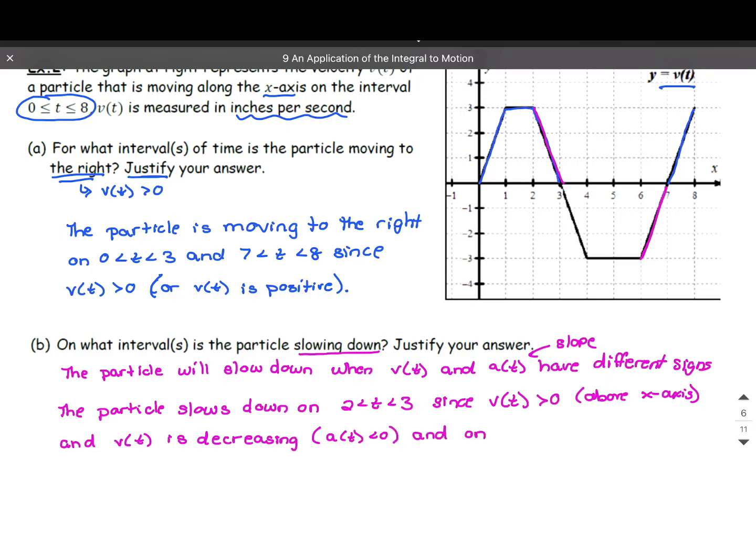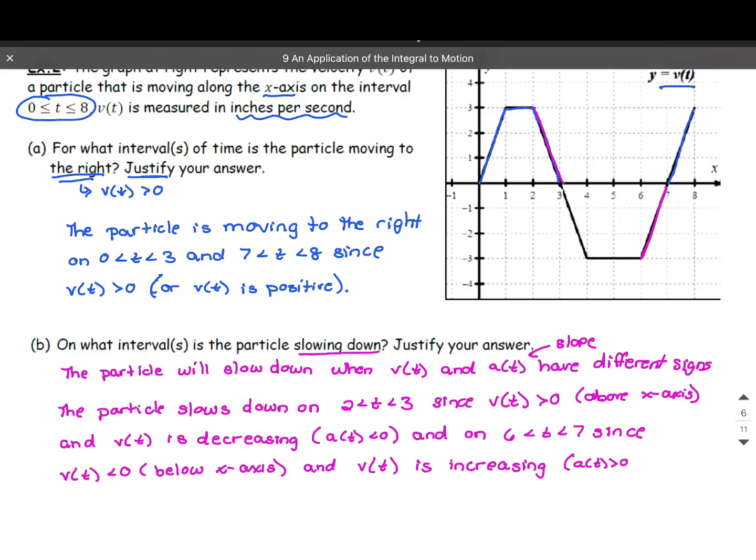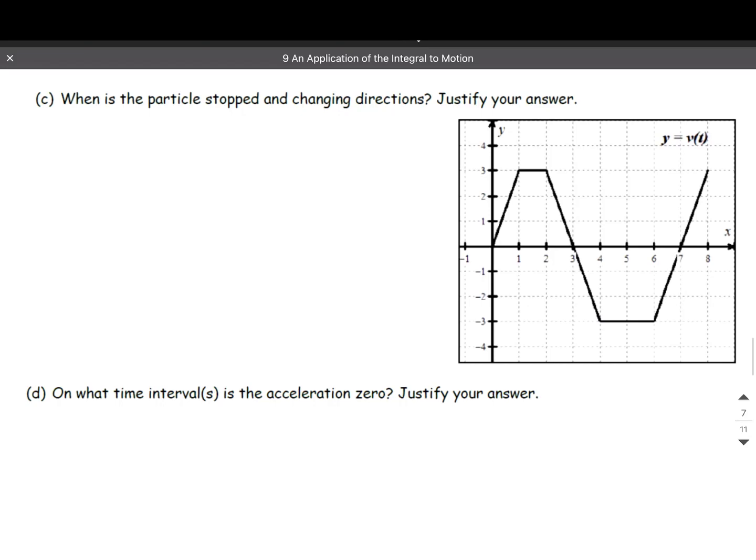And on the interval, where did we say? From 6 less than t less than 7, since this time the velocity was negative because it's below the x-axis, and velocity is increasing, which means that the acceleration is positive. There we go. Okay, here's another one.